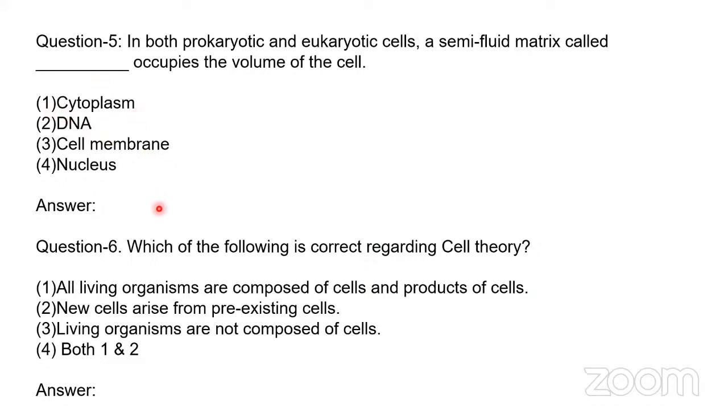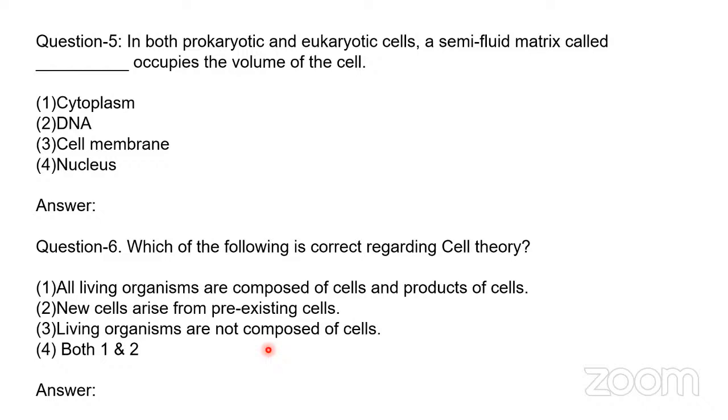The next is, which of the following is correct regarding the cell theory? Option 1, all living organisms are composed of cells and products of cells. Option 2, new cells arise from pre-existing cells. Option 3, living organisms are not composed of cells. And option 4, both 1 and 2.